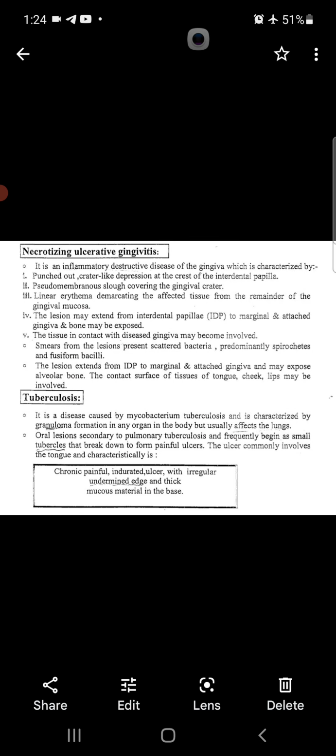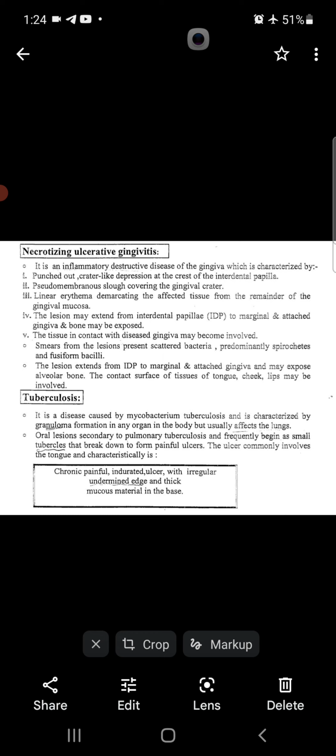Now first we start with necrotizing ulcerative gingivitis. Necrotizing means necrosis, ulcerative means there is an ulcer, and gingivitis is an inflammation of the gingiva. It means there is inflammation of gingiva, then necrosis occurs, and then an ulcer occurs.